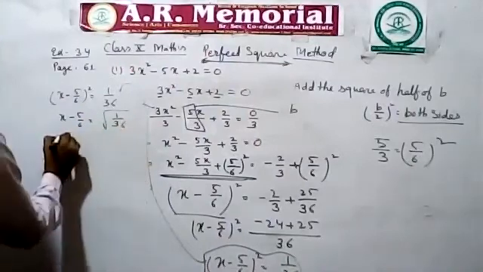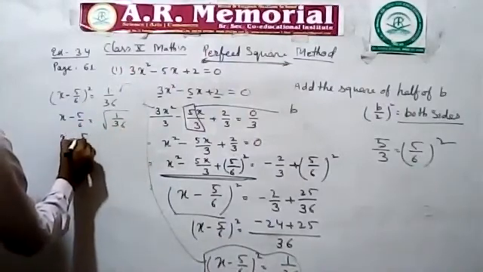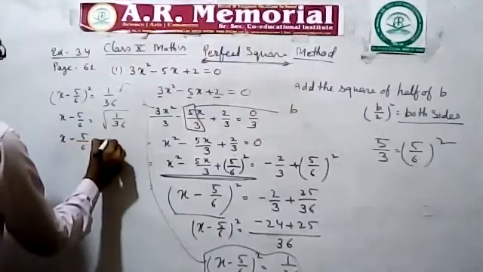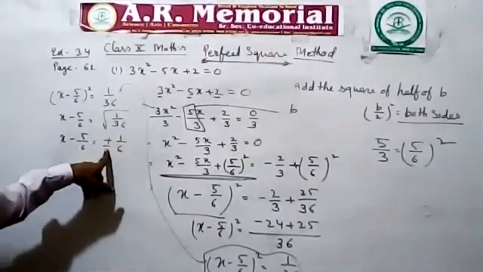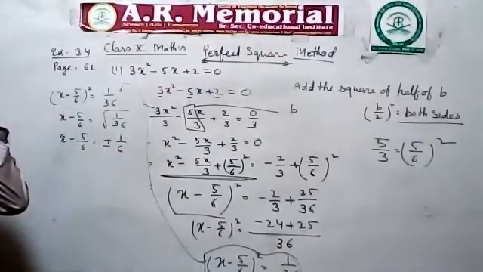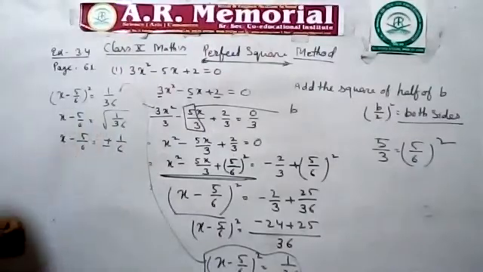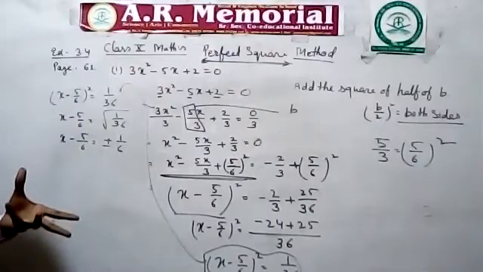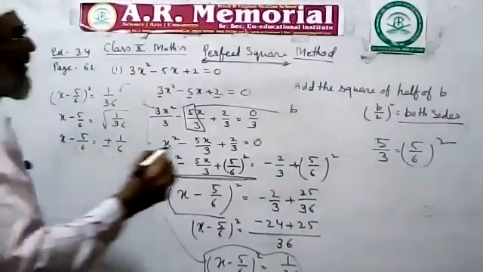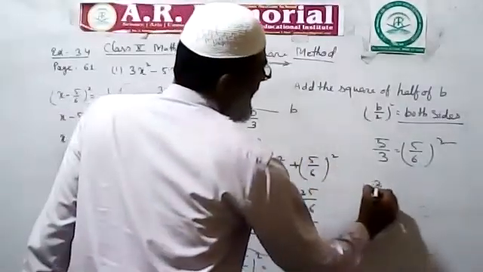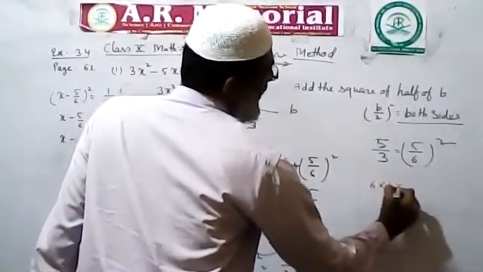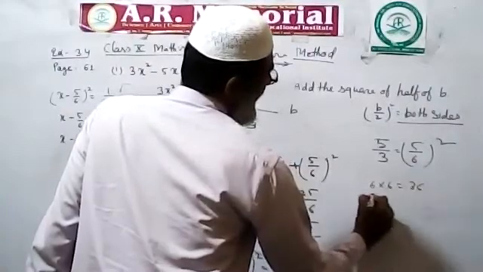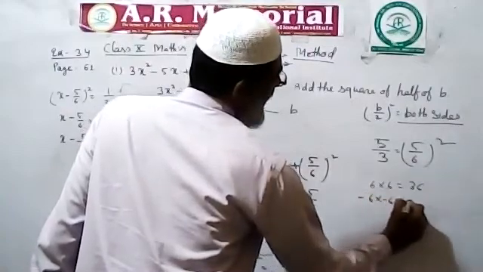So the answer of this: x minus 5 upon 6 is equal to plus or minus 1 upon 6. Sir, why are we writing positive or negative? For the answer of a square root, we consider positive also and negative also. Sir, why? If the product is 36, then 6 into 6 is 36, or minus 6 into minus 6 is also 36.